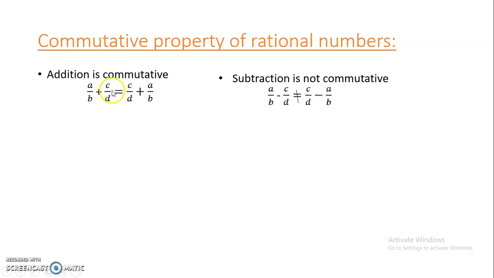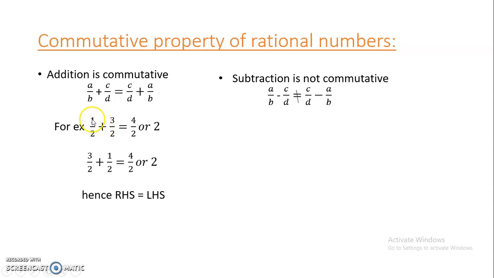We have kept c by d first over here, and then we have kept a by b, and we have done the addition only. So we have just changed the order. Changing the order means the rational number that we were keeping behind, we have just moved ahead. Okay, let's understand this by an example.